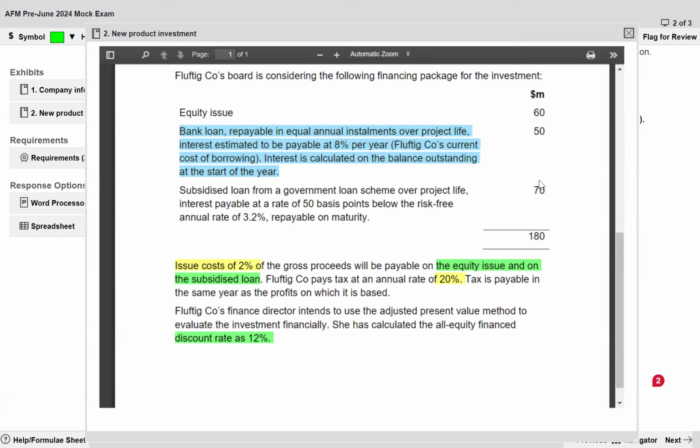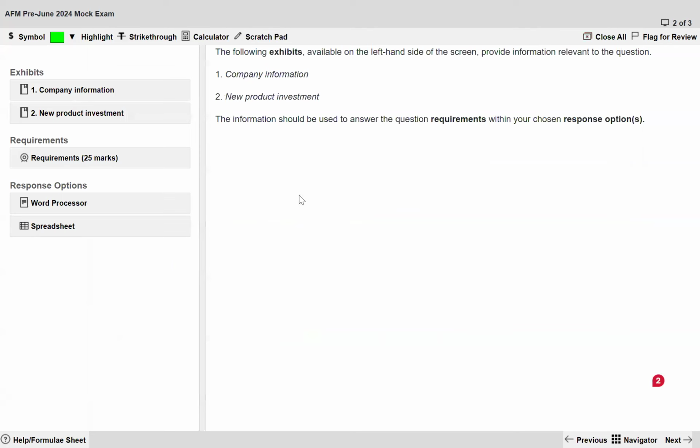And you say, however, if we had got the entire 120 million subsidized loan, perhaps the project would have been worthwhile. You don't have to calculate it, but at least that is something that you can mention. Okay, so of course you go and look at the other points that are made on that, but at least you are aware of the fact that the project is not going to be accepted.